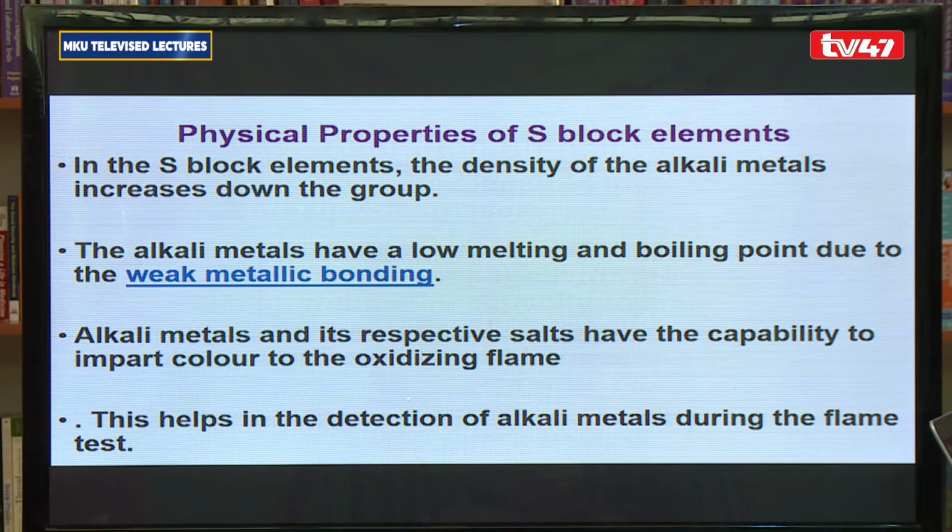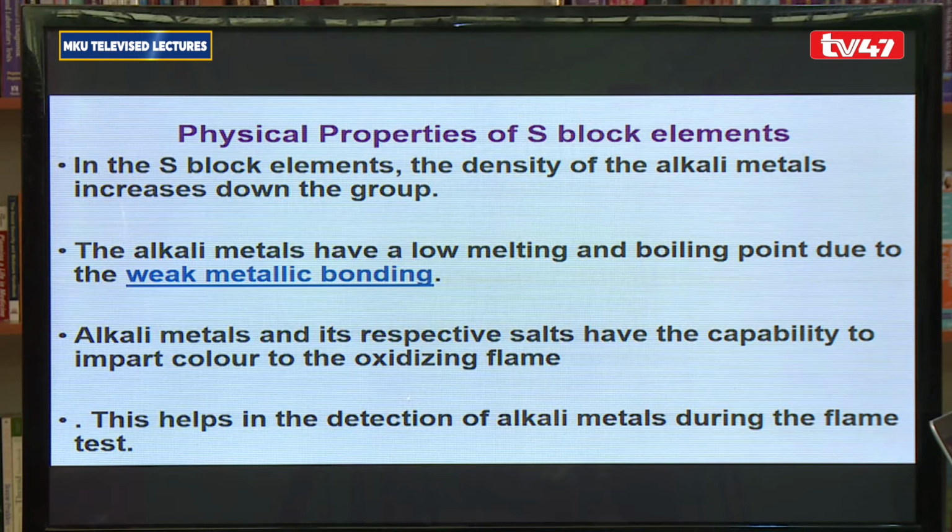You see, these elements have very big atomic radius. So with big atomic radius, the metallic bonds are weak. So if the metallic bonds are weak, then the melting points and the boiling points are much lower. The alkali metals have the lowest melting points and boiling points in the periodic table.